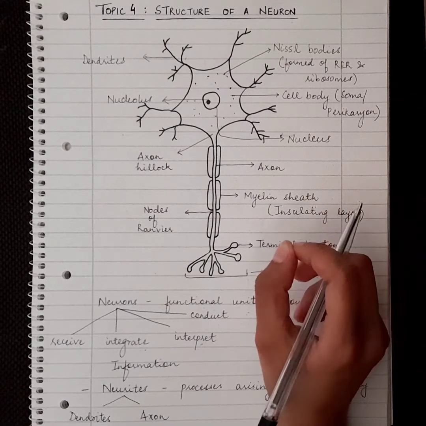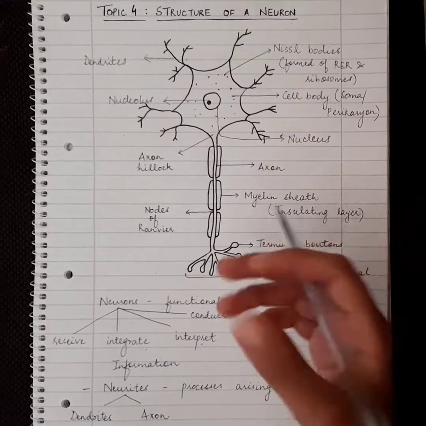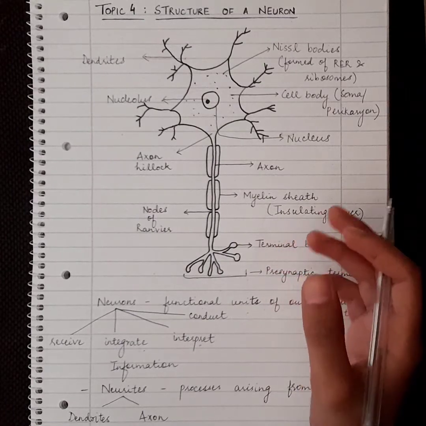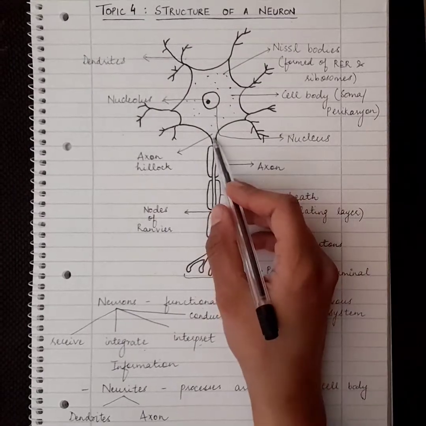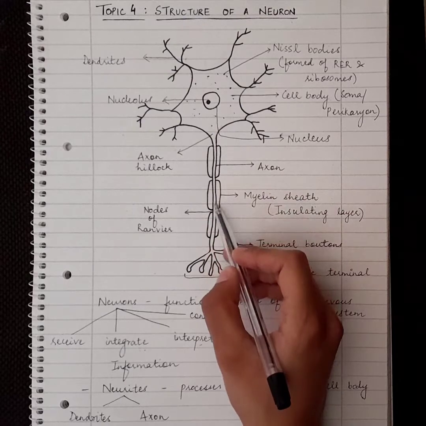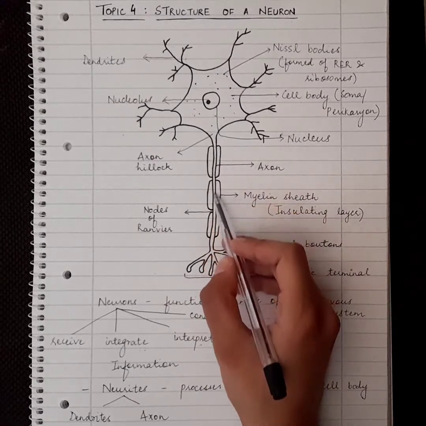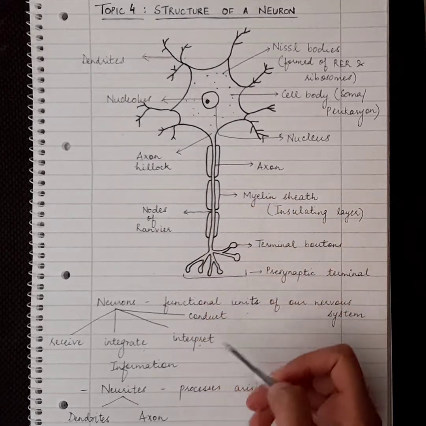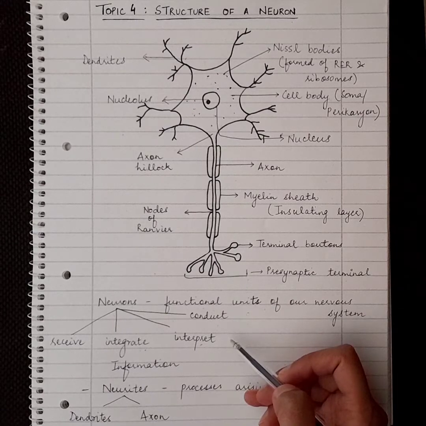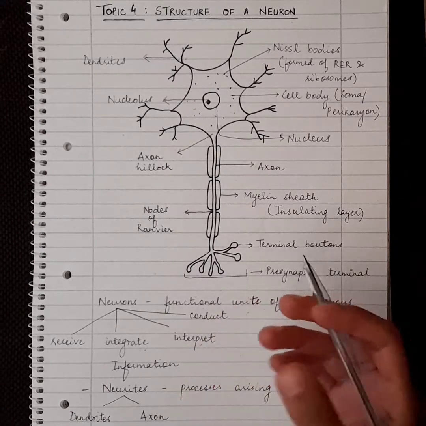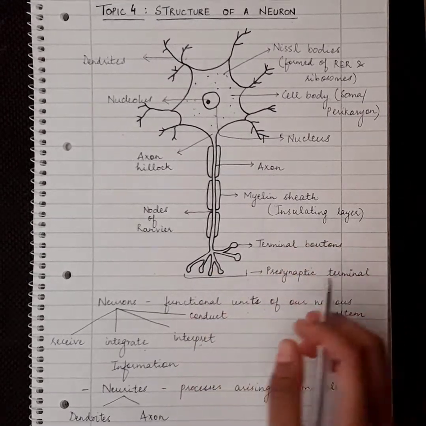Action potentials are the electrical signals that will be generated and will then pass on the information through this axon to the next cells. We will study more about what an action potential is in the next videos.